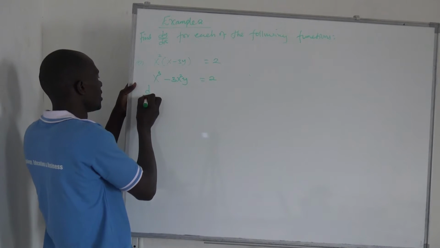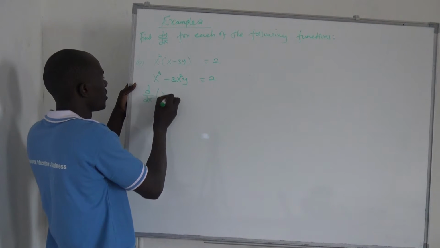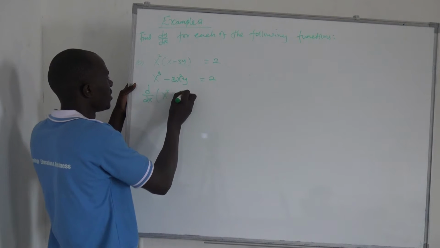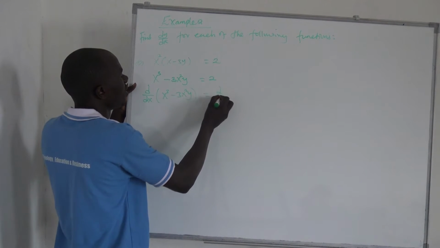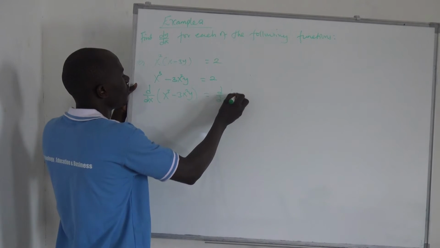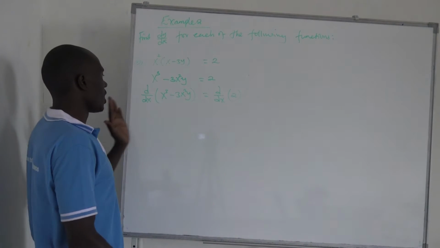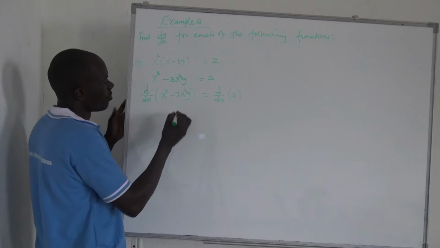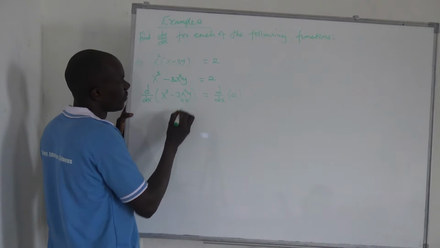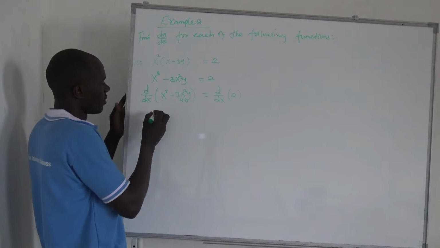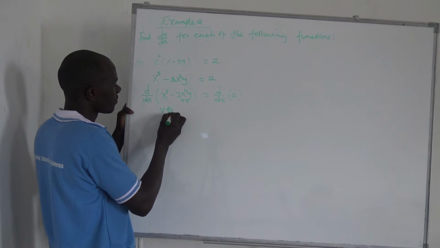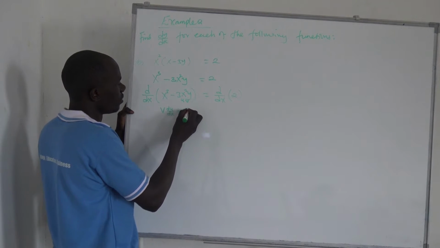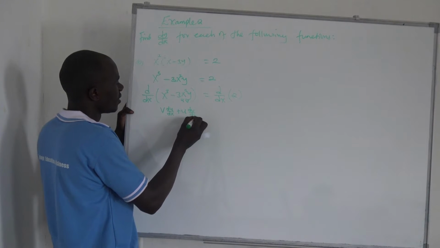Look at d/dx of (x cubed minus 3x squared y) equals d/dx of 2. Are we there? Before you move, this is a product u v.